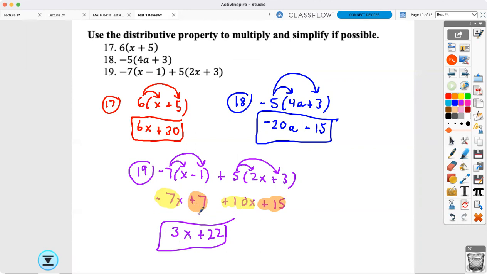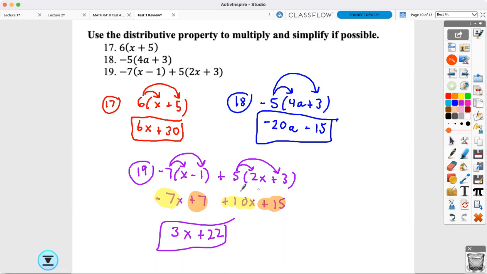The way I like to think of combining like terms is kind of like fruit. You can only count apples with apples, oranges with oranges, right? If you look at the expression here, Brianna, look at the 4 terms: -7x, 7, 10x, and 15. Only 2 of them, what's the one thing they have in common? The yellow highlighting. They both have what letter?